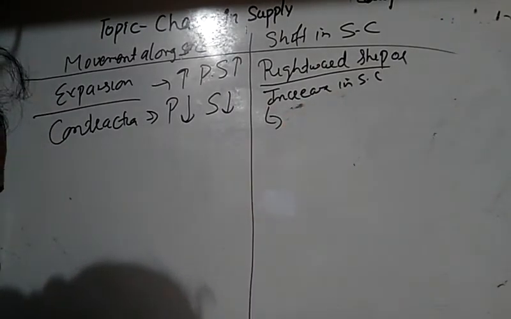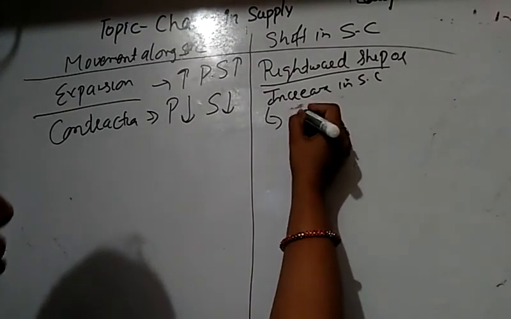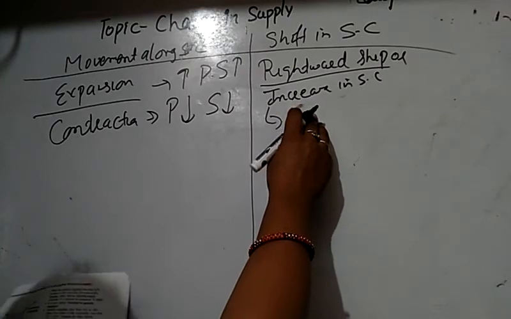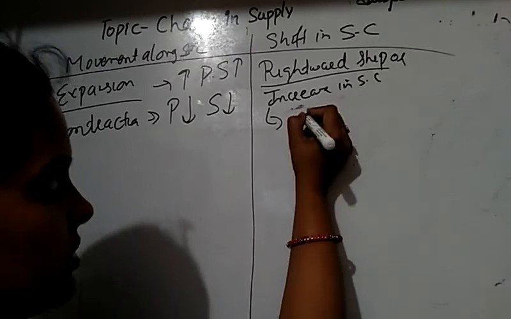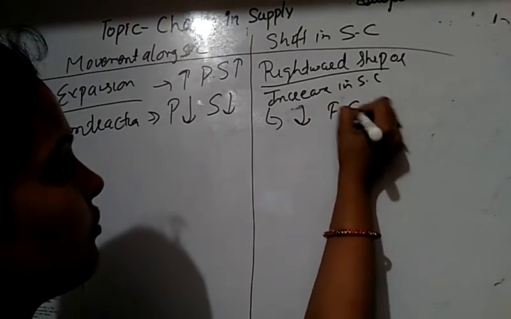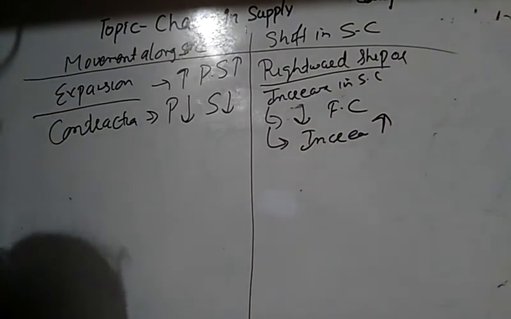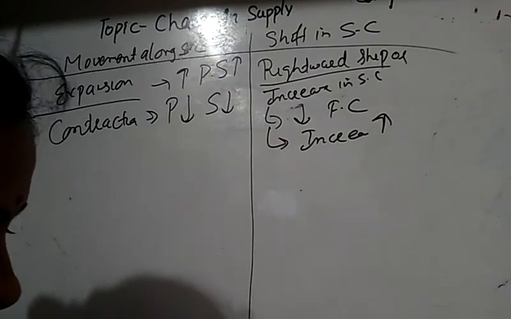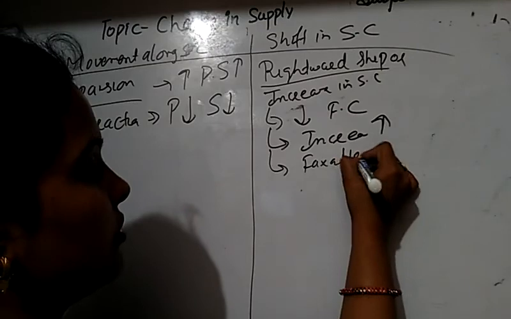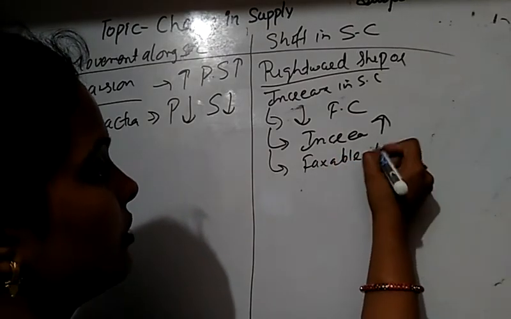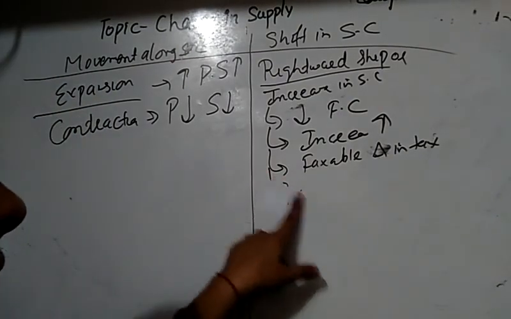We are not discussing the price of the product because price is constant here, so it is the price of other goods, a decrease in the cost of factors of production, meaning they are using fewer factors of production, an increase in the number of firms, and favorable changes in the tax system or policies. These are the reasons that supply increases.